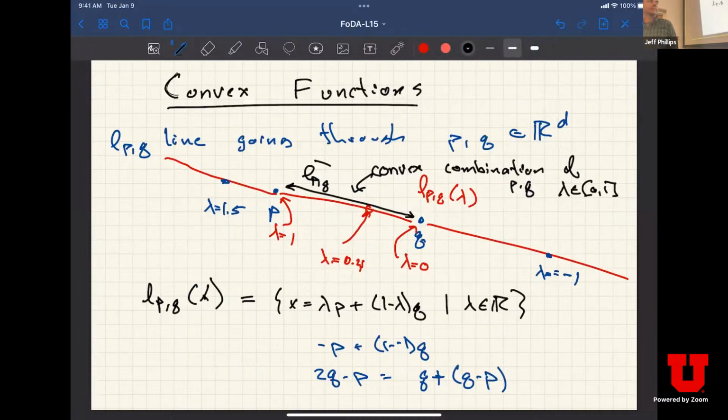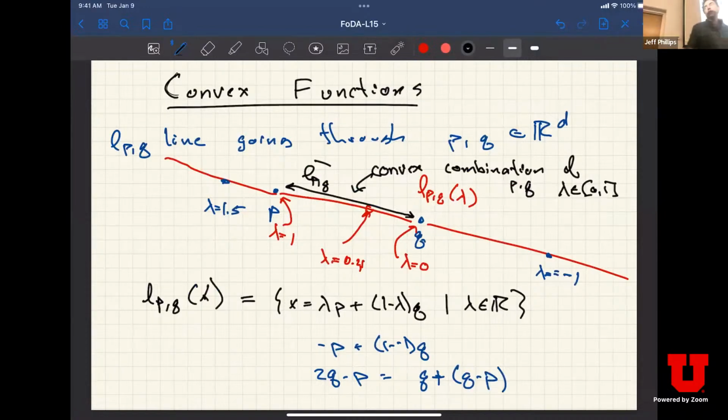No, this is minus p plus 1 minus negative 1. This becomes a 2. So I get 2q minus p. And so now I just expand it. 1q is by itself, and 1q is paired with the p.